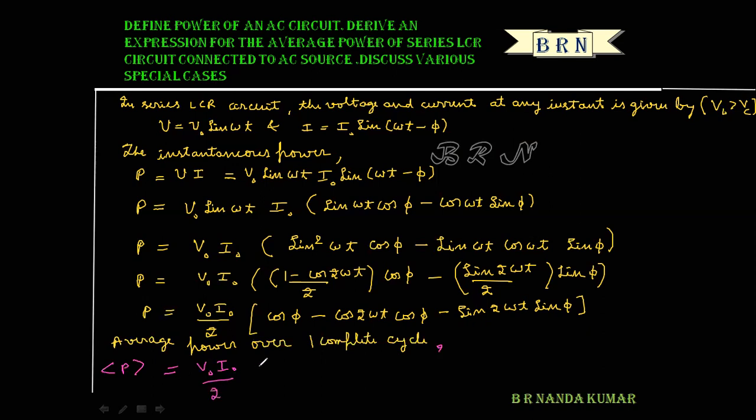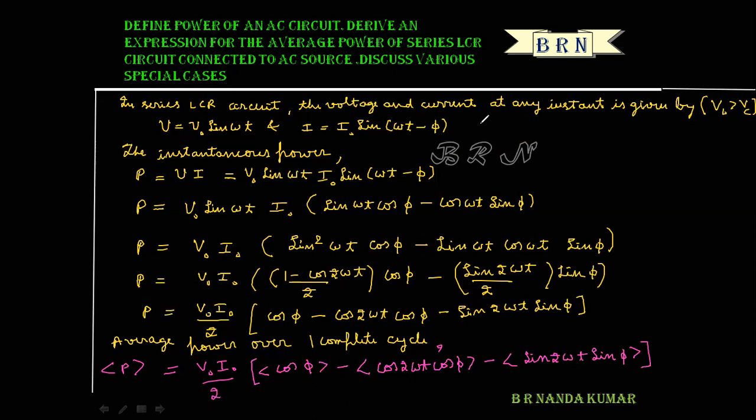Average of a constant is a constant. After that, apply the average on each term: average of cos phi minus average of cos 2 omega t cos phi minus average of sine 2 omega t sine phi.